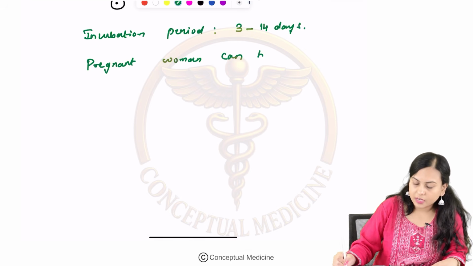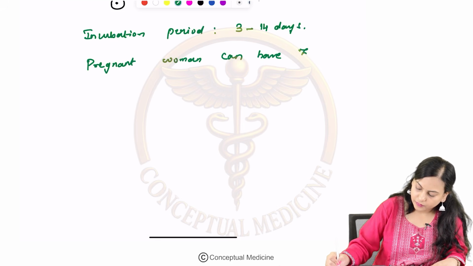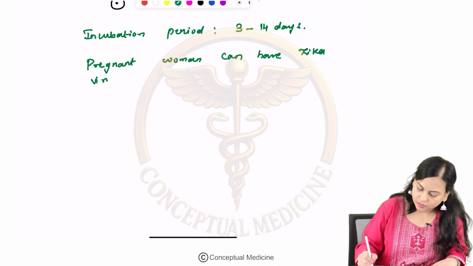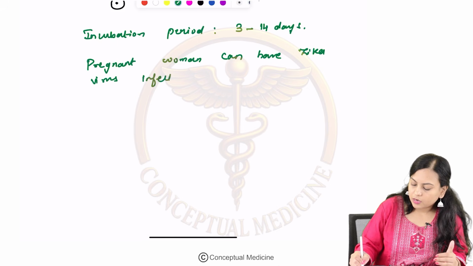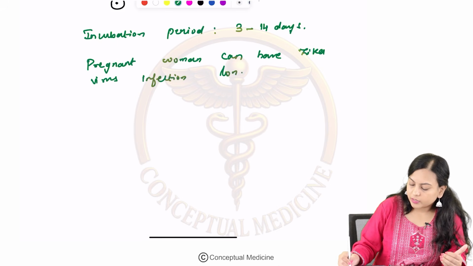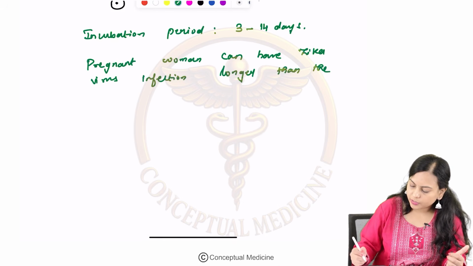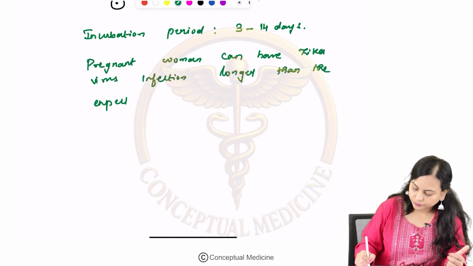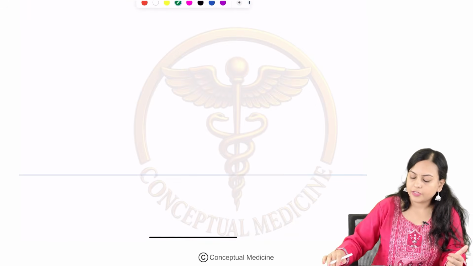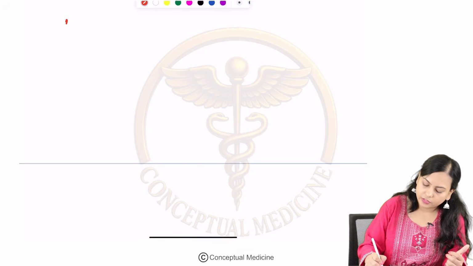can have Zika virus infection longer than the expected period. Okay, so this point is important. So, we will see the clinical features in the mother.